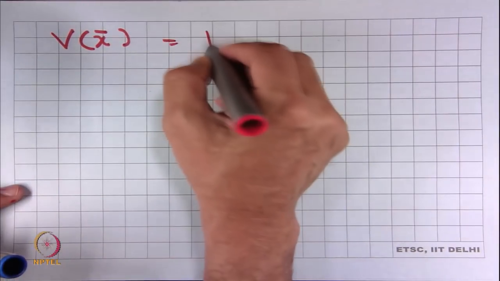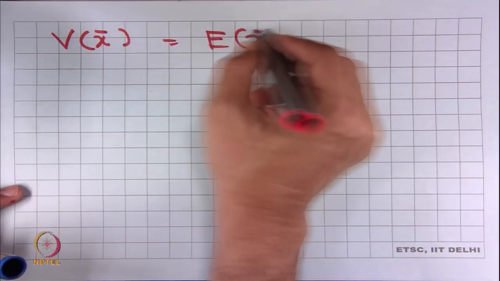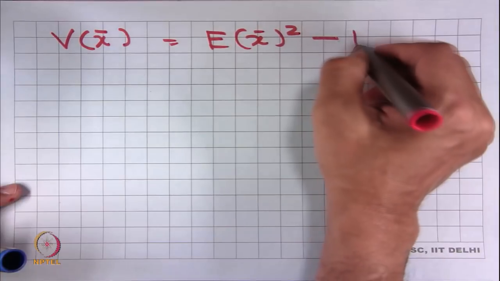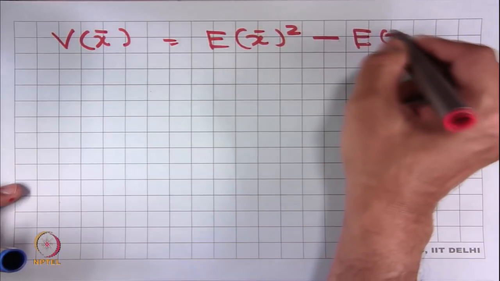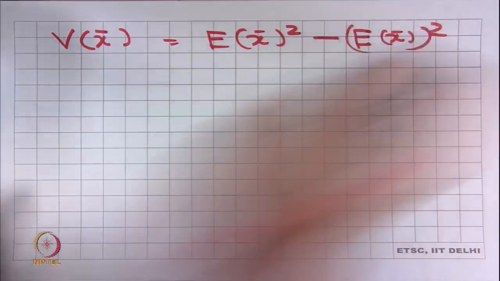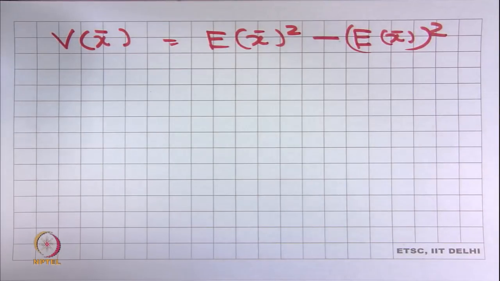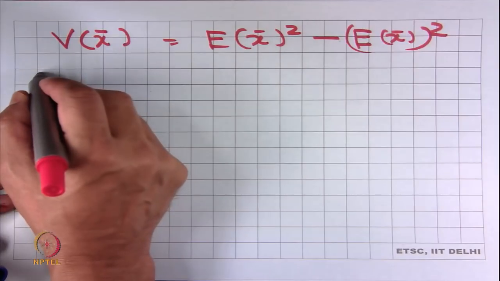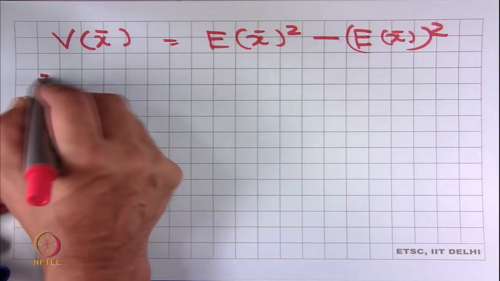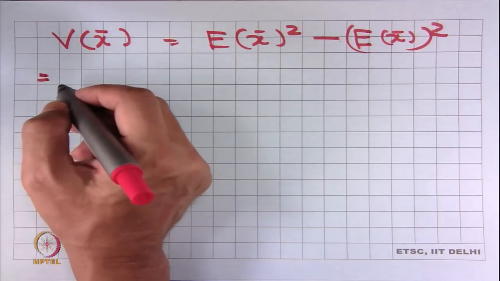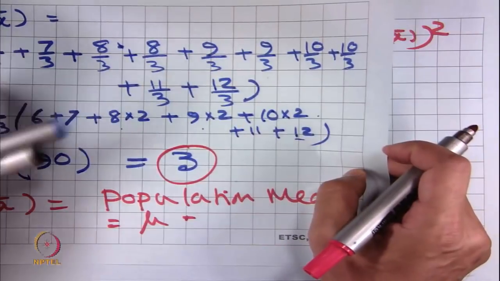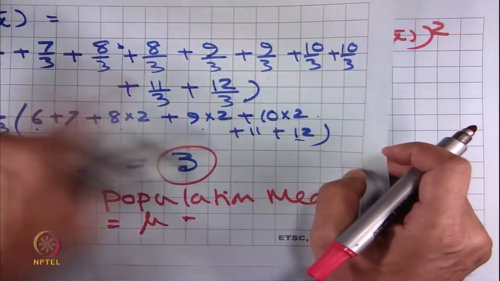It is equal to expected value of x bar square minus expected value of x bar whole square, and therefore, we have got the x bars to be 6, 7, 8, 8. So, these x bars, this square we have to take.